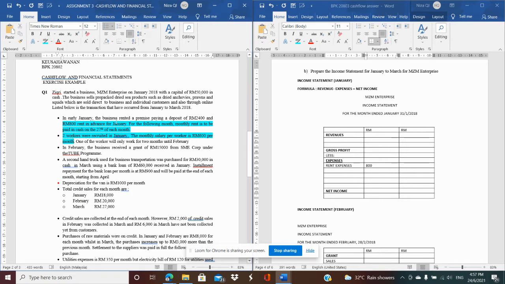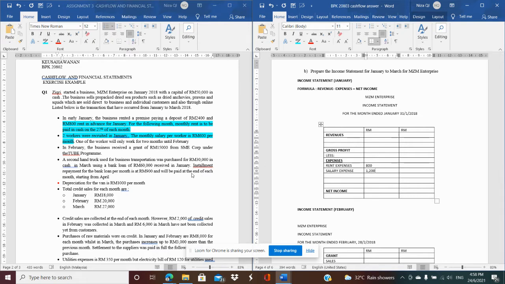Previously you calculated the outflow, and because this is incurred in January, this is an expense in January. So 2 times 600, the salary expense is 1,200, because this is the expense incurred that you use for January.